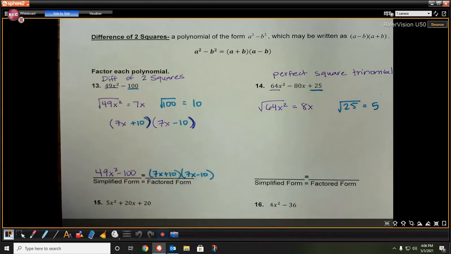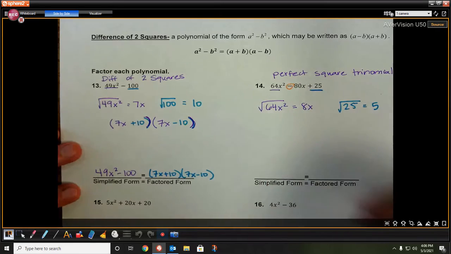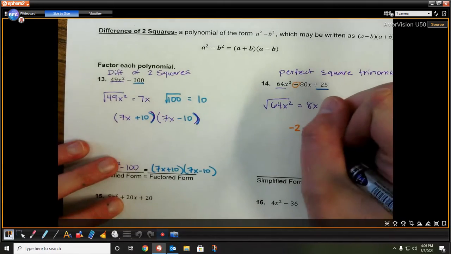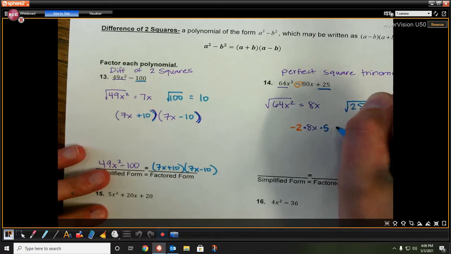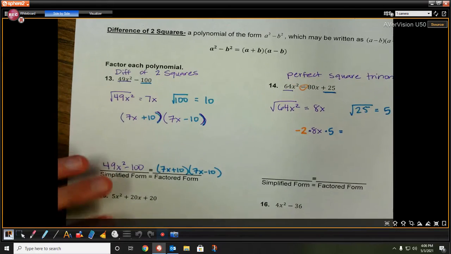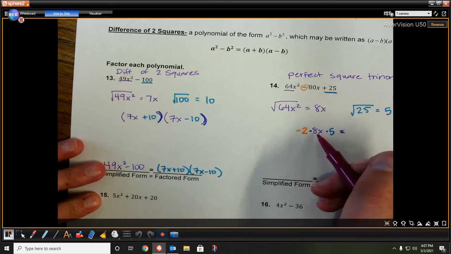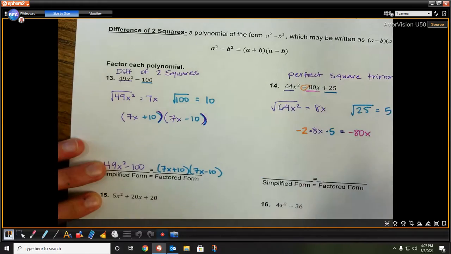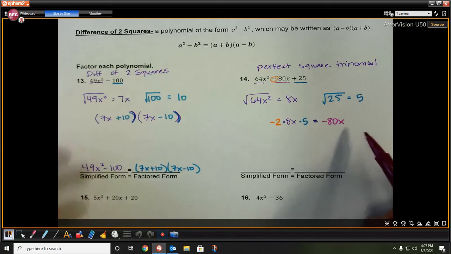It's going to be 2 because we have this 2ab going on, and we know we have a minus sign, so we have -2 times your a, which is 8x, times your b, which is 5. -2 times 8 is -16, and that gives you -80x, which is that -80x. So this fits the perfect square trinomial. Sorry, I was a little crooked there.